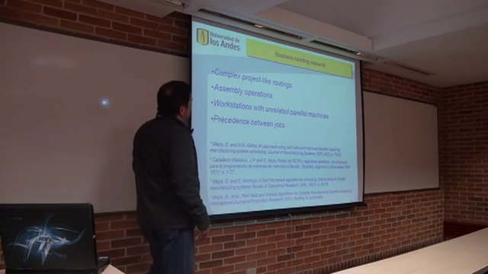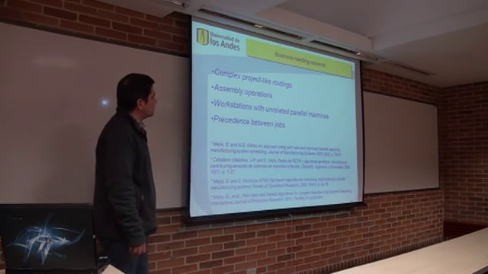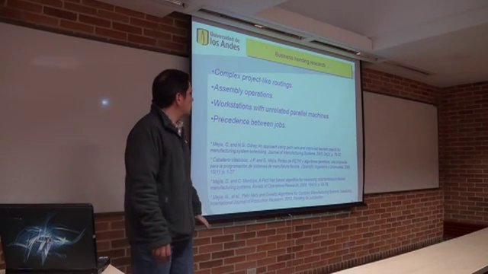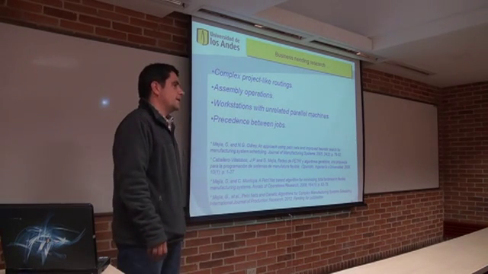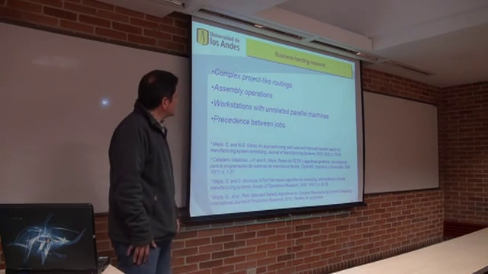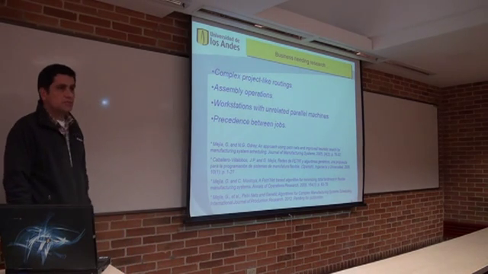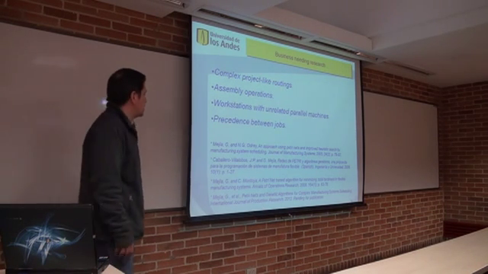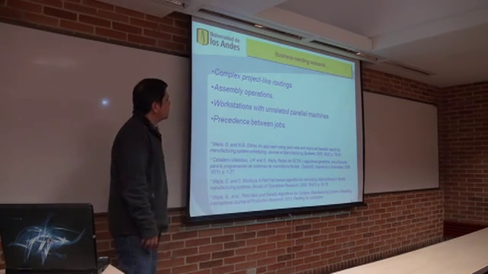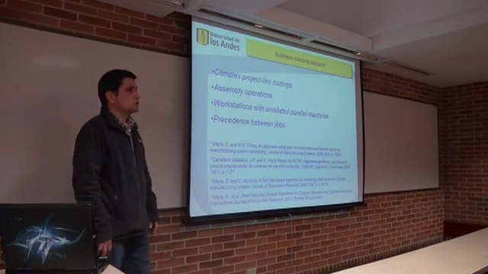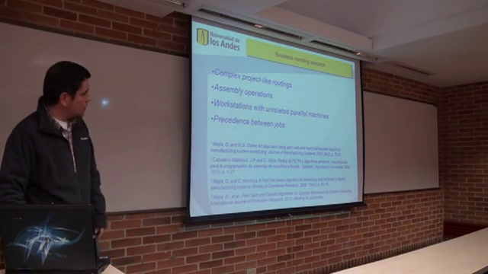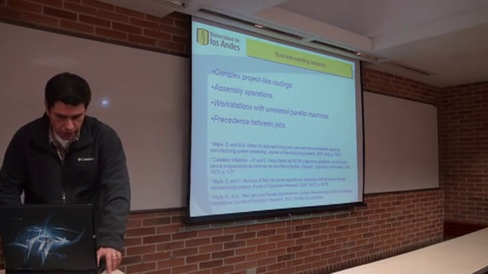We have to remember that in this kind of problem there are basically four components that make the problem more complex: assembly operations, precedence between jobs, and the appearance of ghost tasks. Okay, just to understand.